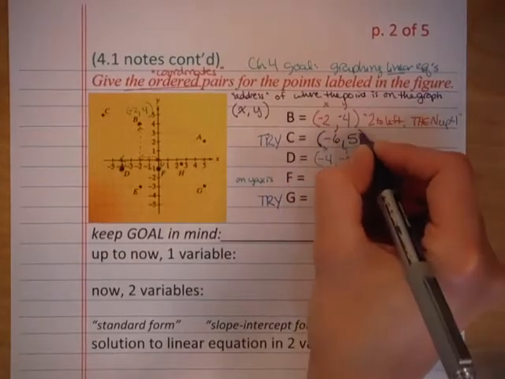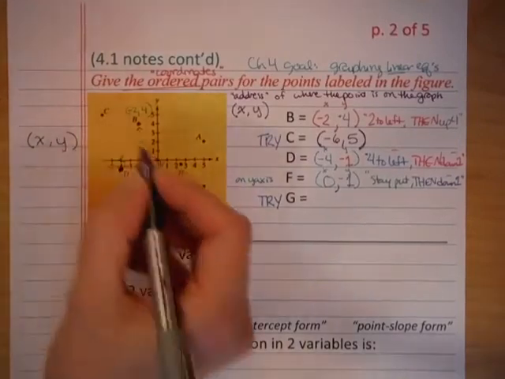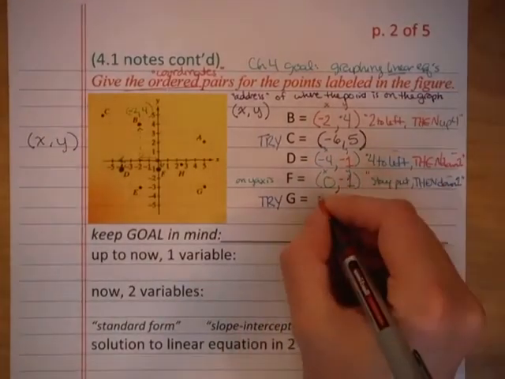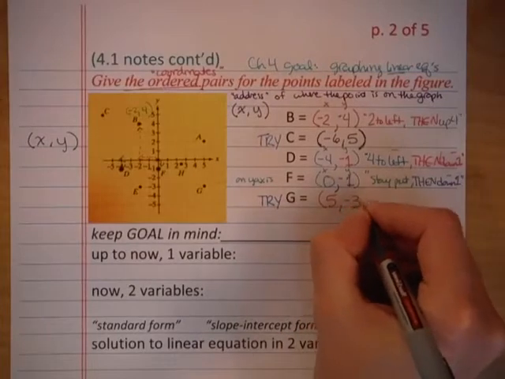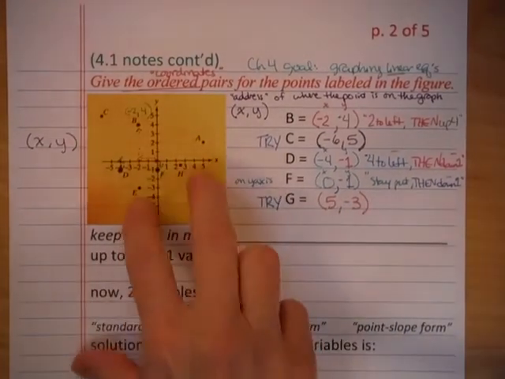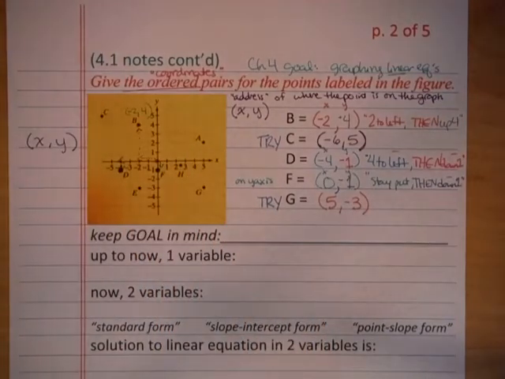Again, in parentheses, that's our notation for a coordinate. It's always x, y in parentheses. Order matters, that's why it's called an ordered pair. And then for G, you should get 5, -3. Okay. And points A and E are assigned in your practice sets. You can try those for your homework.